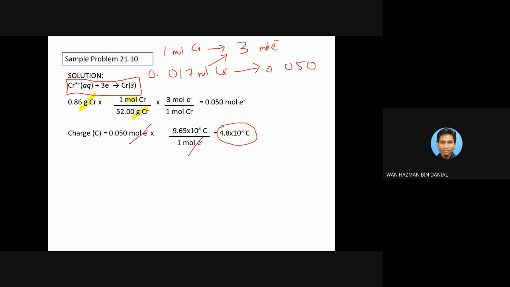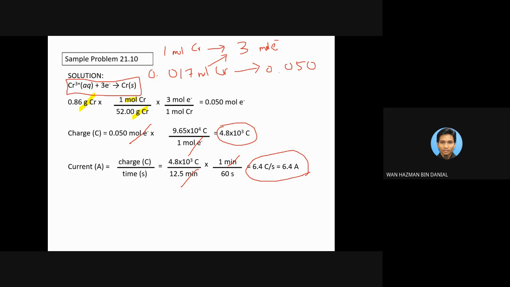Please don't use minutes; you need to convert to seconds, the SI unit. So charge divided by seconds gives current. So 4.8 times 10 to the power of 3 divided by 12.5 minutes, which is how many seconds? Multiply by 60. Change to seconds first, then you will get the correct answer, which is 6.4 ampere.